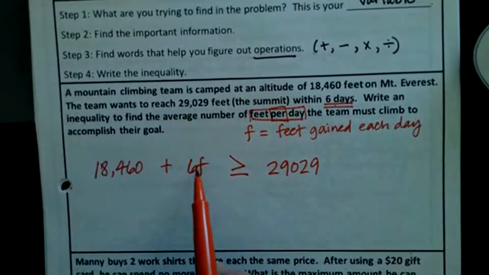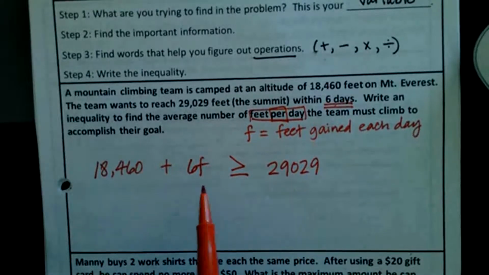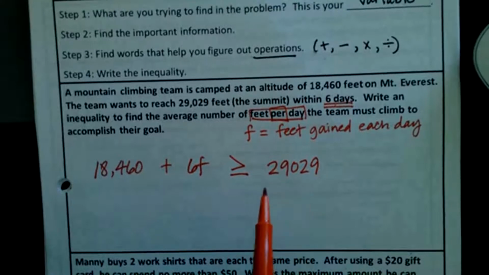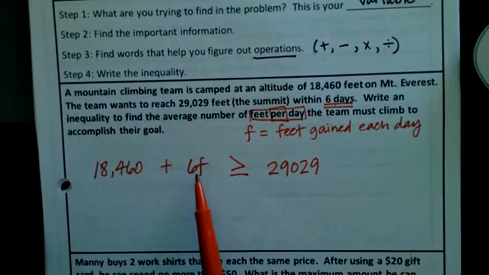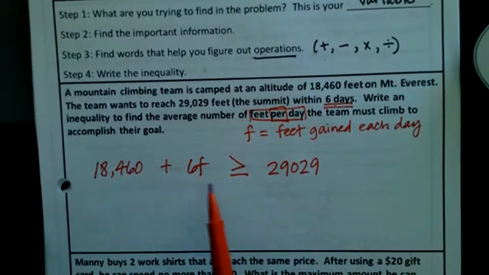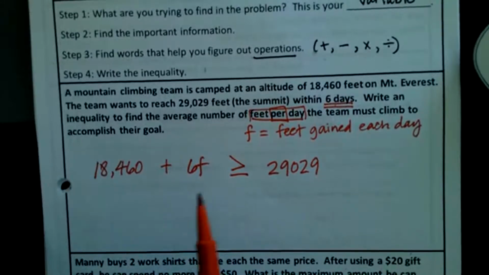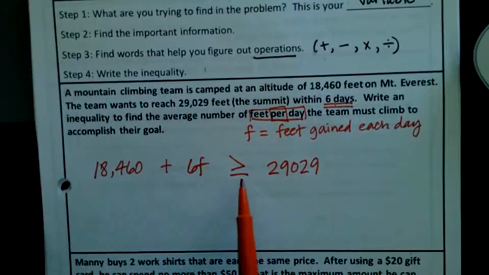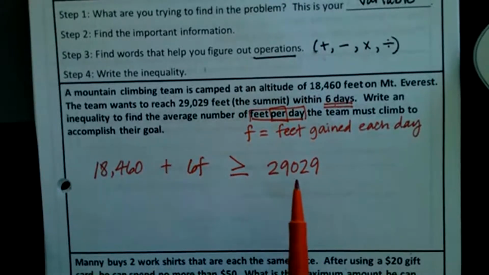The reason this is greater than or equal to, because this number of feet, if it's greater, then they'll reach the top in less than 6 days. Okay, if this number over here is greater than 29,029 feet, then they will reach the top in less than 6 days. If this number over here is equal to 29,029 feet, then they will reach the summit exactly on 6 days.